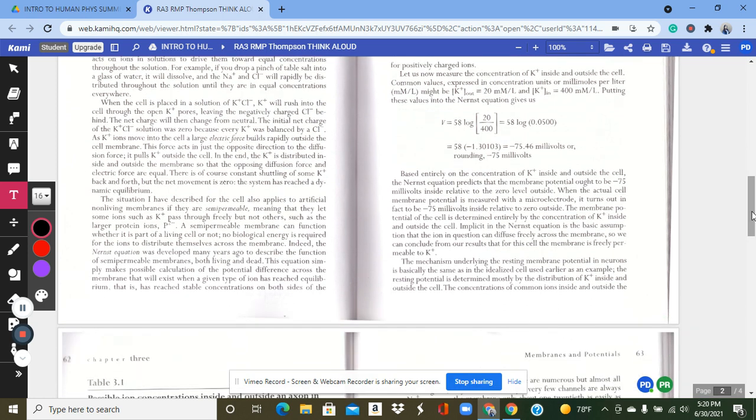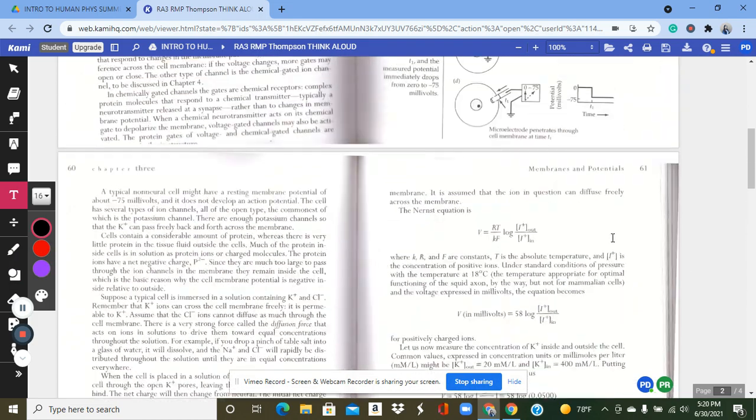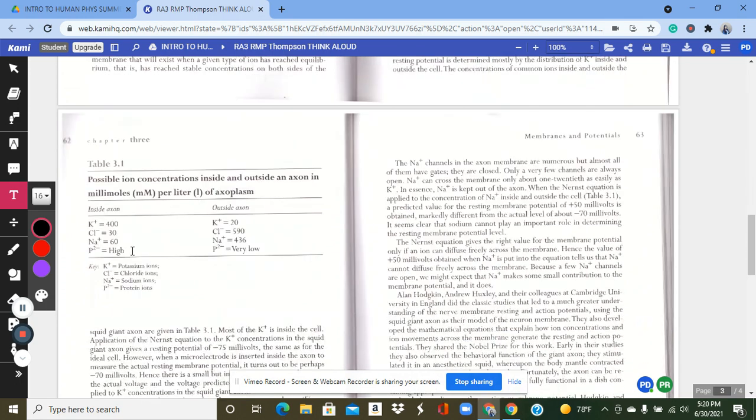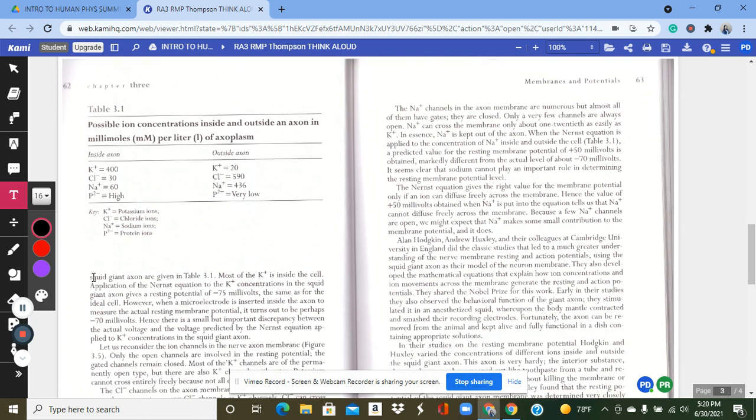So the mechanism underlying the resting membrane potential in neurons is basically the same as in the idealized cell used earlier as an example. The resting potential is determined mostly by the distribution of potassium inside and outside the cell. The concentrations of common ions inside and outside the squid giant axon are given in table 3.1.